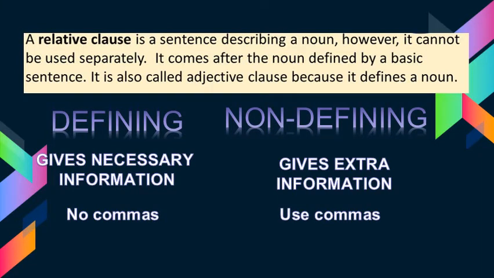Now, a relative clause, my dears, is a sentence that describes nouns. Yes, it describes nouns, so don't forget it, and it cannot be used separately. It can never be separated. It comes after the noun defined by the basic sentence. It always goes with a main sentence, a basic sentence. And it is also called an adjective clause because it defines a noun. And we have two of them: the defining and the non-defining.